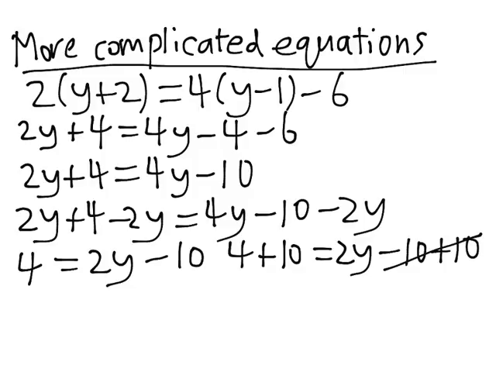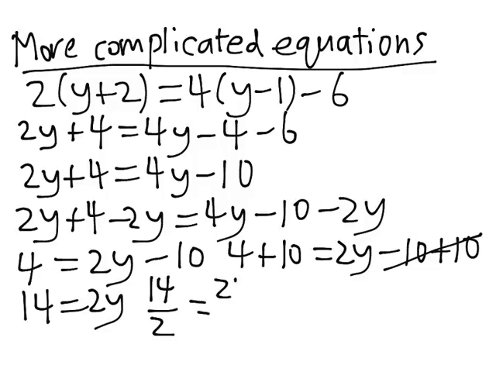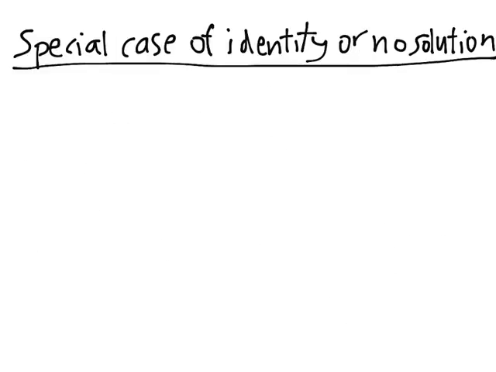The 10's cancel on the right side, and we get 14 equals 2y. If we divide both sides by 2, we see that 14 over 2 equals 2y over 2. So y equals 7.